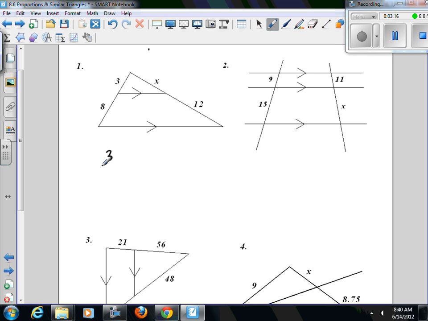So we're going to say the ratio of 3 over 8 is equal to x over 12. So we're making a proportion here. What we have to do is cross multiply. So 3 times 12 is 36. 36 equals 8x. So we're going to divide everything by 8. And we get that x is equal to 4.5.